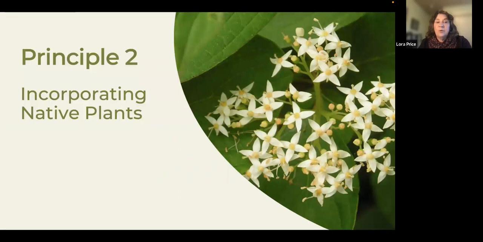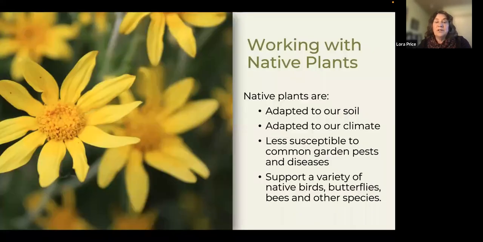So, incorporating native plants, which we've already mentioned. The why is that these are the many benefits. They're adapted to our soils. We tend to have naturally acidic soils here in the Northwest, so our native plants that were here all along are used to that.